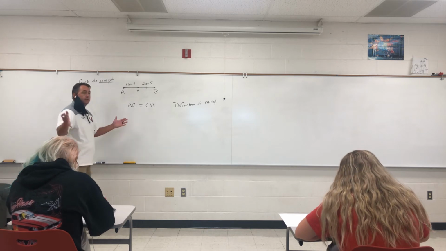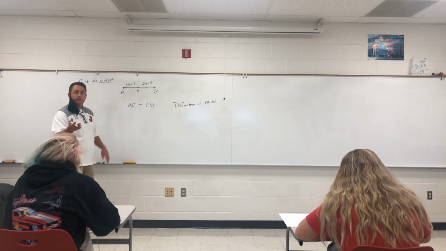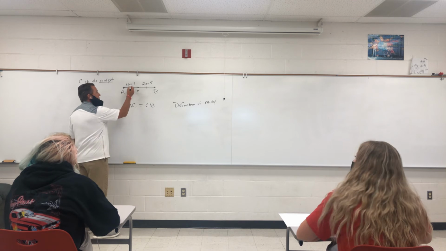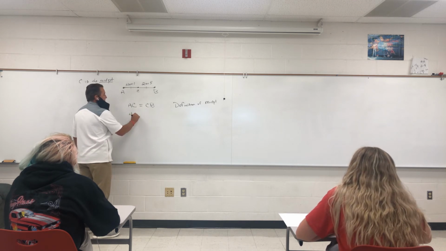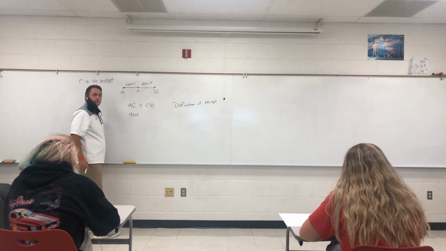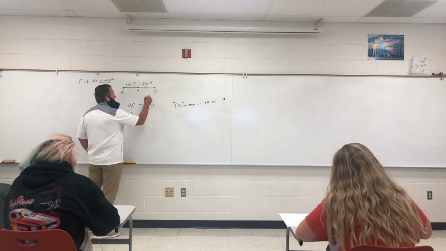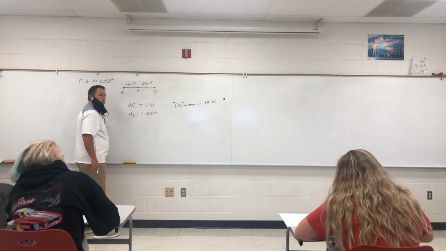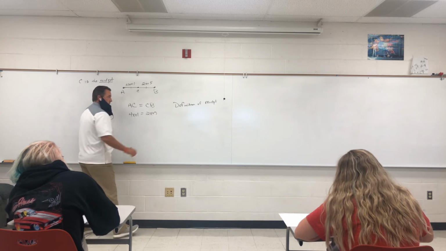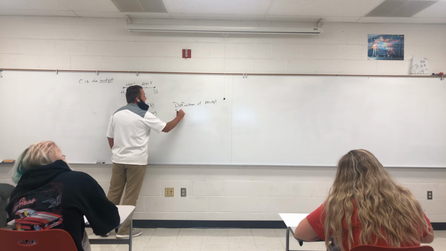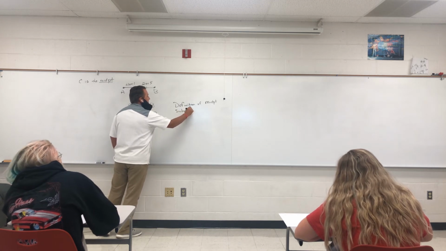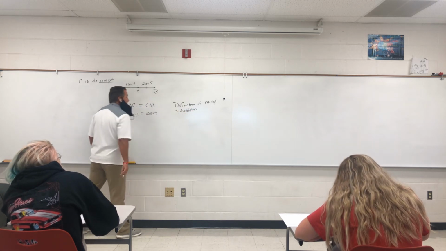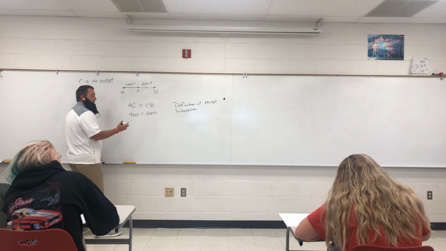And then everything else is going to look almost identical to what we just did. What is AC? 4x plus 1, isn't it? What is CB? 2x plus 5. What's our reason for that one? Substitution. Now we're going to solve for x, aren't we?